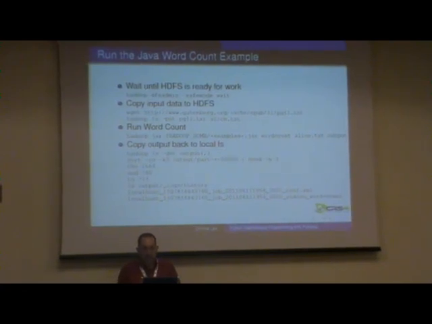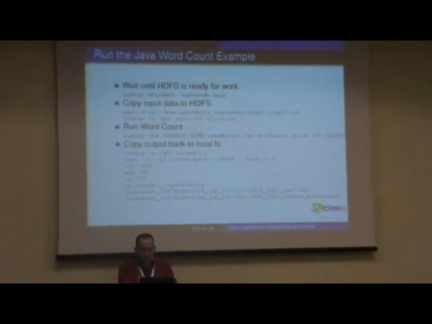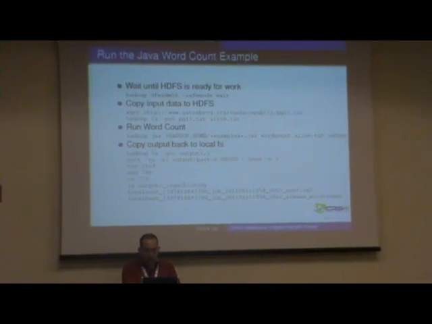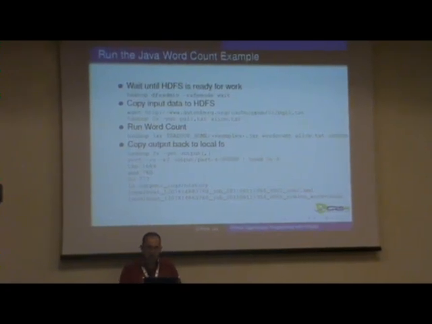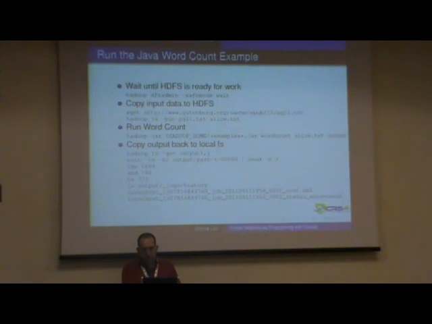And after the job is finished, we can copy our output back to the local file system. There is one output file for each reducer. In this case, there was only one reducer, so I only have one output file, part-r-00000. That's an index. So if I have two reducers, I get part-r-00000 and then part-r-00001.